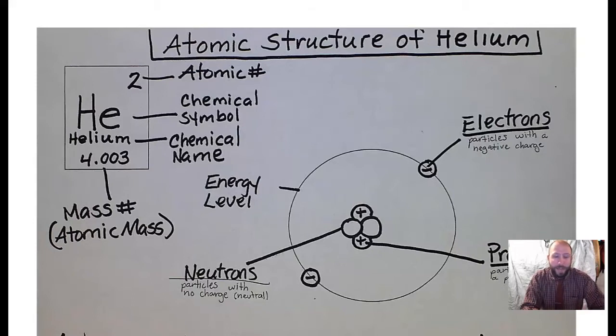Now, some of you are probably going to ask, how come some of them have rounded numbers and some of them have these longer decimal specific numbers? I would tell you that does have to do with the fact that the mass of these particles is not equal. Neutrons and protons are pretty close in mass.